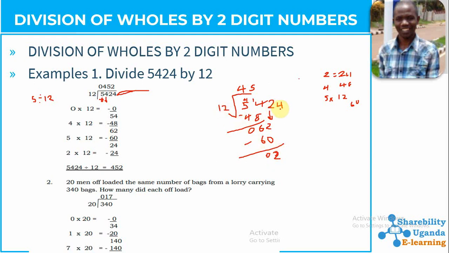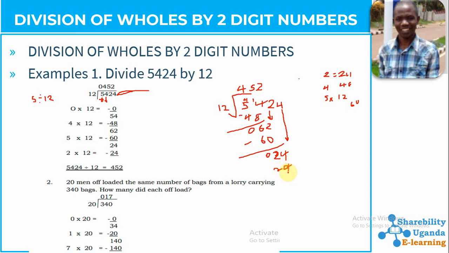We bring our 4 here. So this becomes 24. When you say 24 divided by 12, of course, we get 2. Then 2 times 12, we get 24.